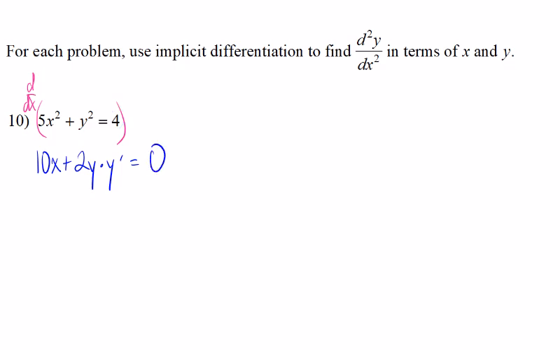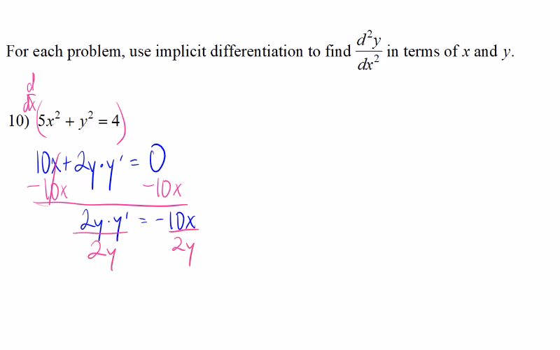All right, so same first step that we usually do with implicit differentiation. The same next steps too, we're going to solve for y prime, so we're going to isolate it. So I'm going to subtract 10x from both sides. So we get 2y times y prime, and y prime equals, and I'll reduce this, so 10 over 2 is just 5 over 1, right?